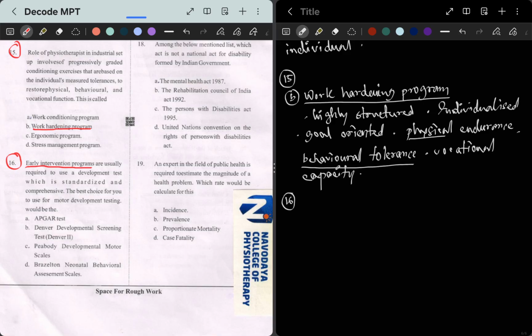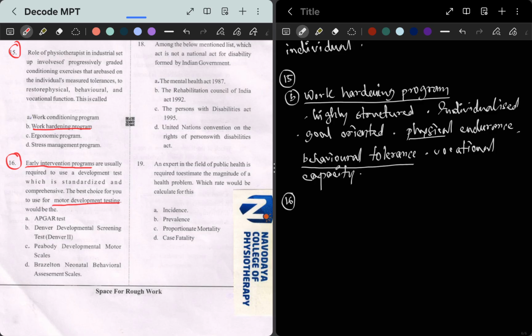The best choice for you to use for motor development testing would be, what will be the best motor development testing?